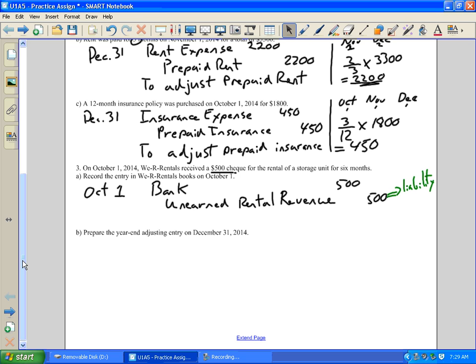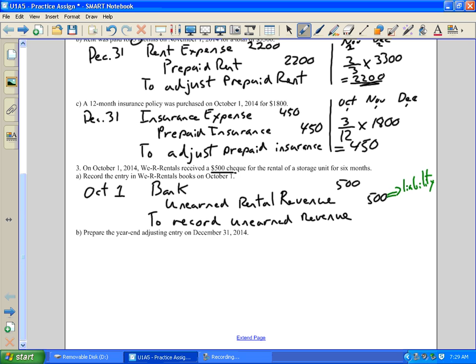It represents something that we owe somebody. We owe someone that unearned rental revenue because we haven't worked to earn it yet. So when you debit the bank for $500 and credit unearned rental revenue for $500, you're creating a liability that you'll have to pay back at some point in the future. And our description for this would be to record unearned revenue.